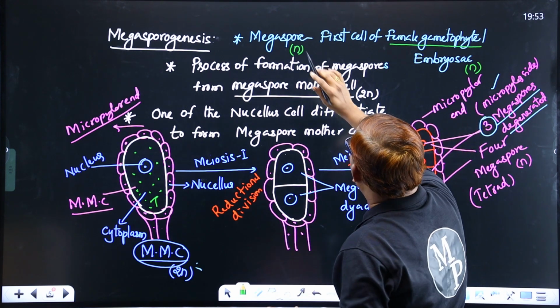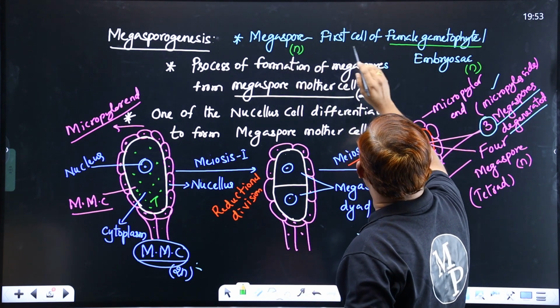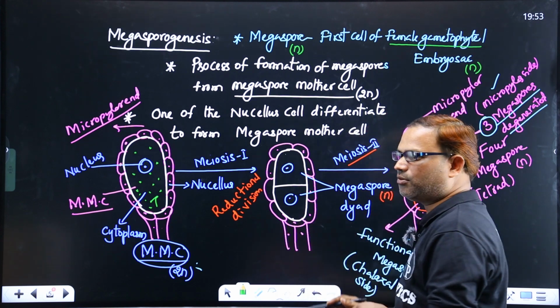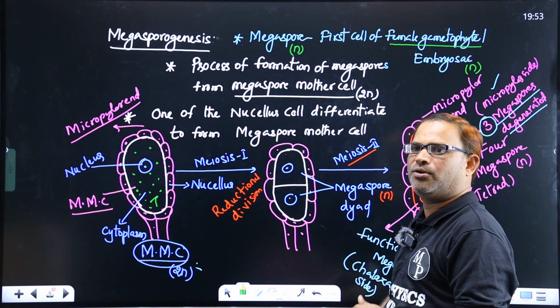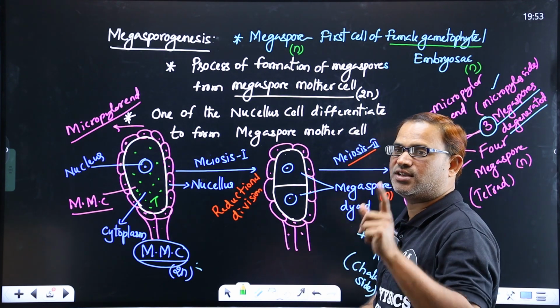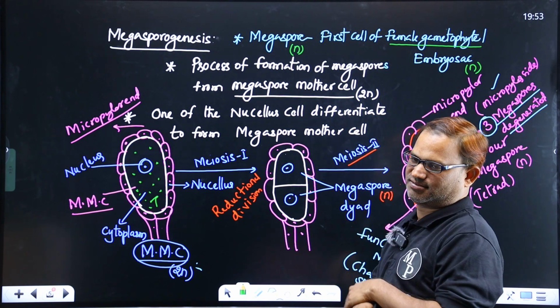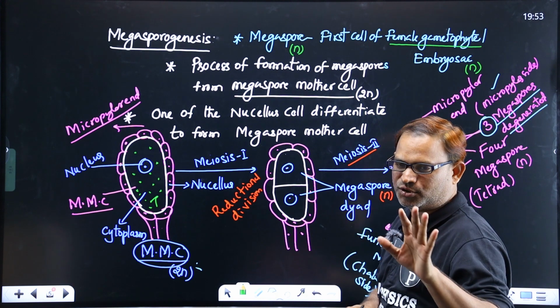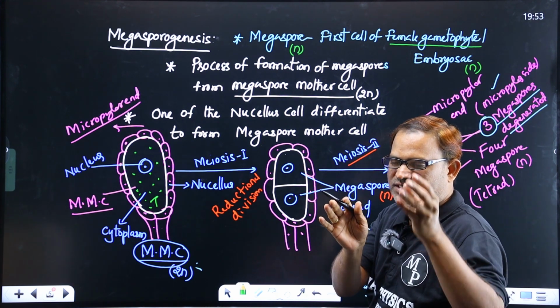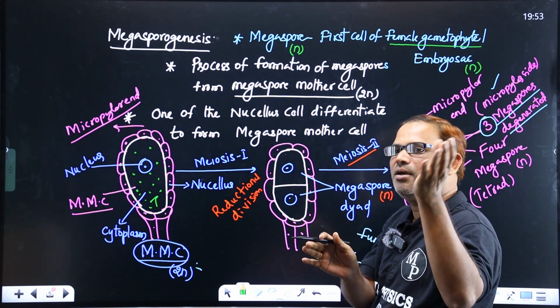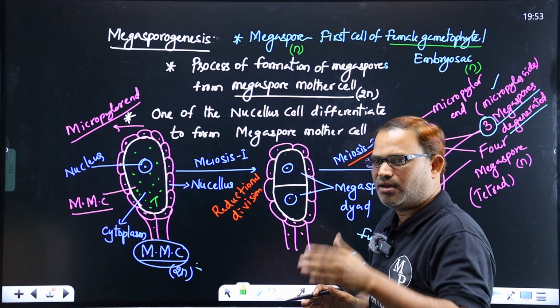See all of you, the megaspore is the first cell of the female gametophyte. In the first video, the microspore is the first cell of the male gametophyte. So don't confuse. Microspore is the first cell of the male gametophyte.